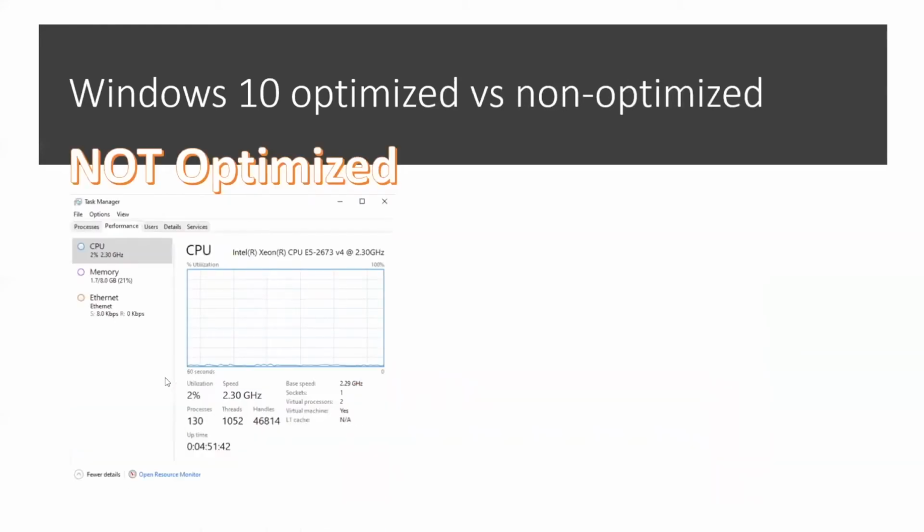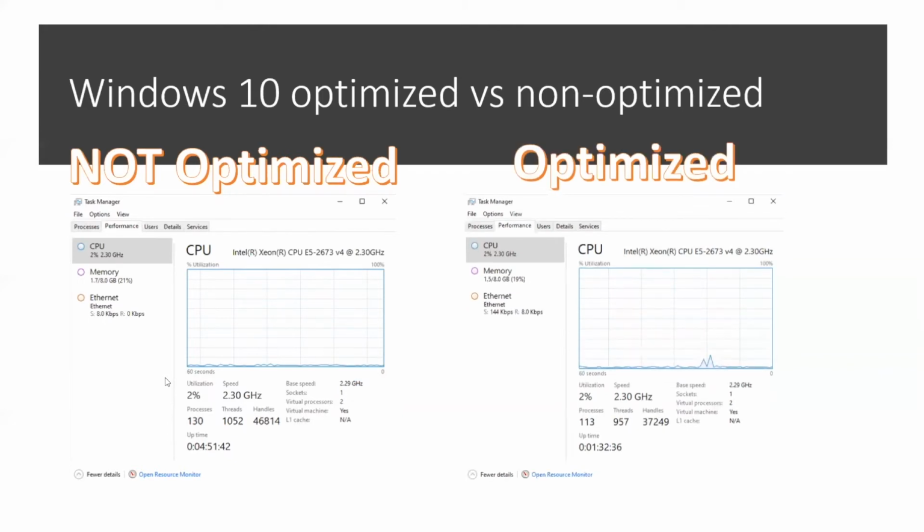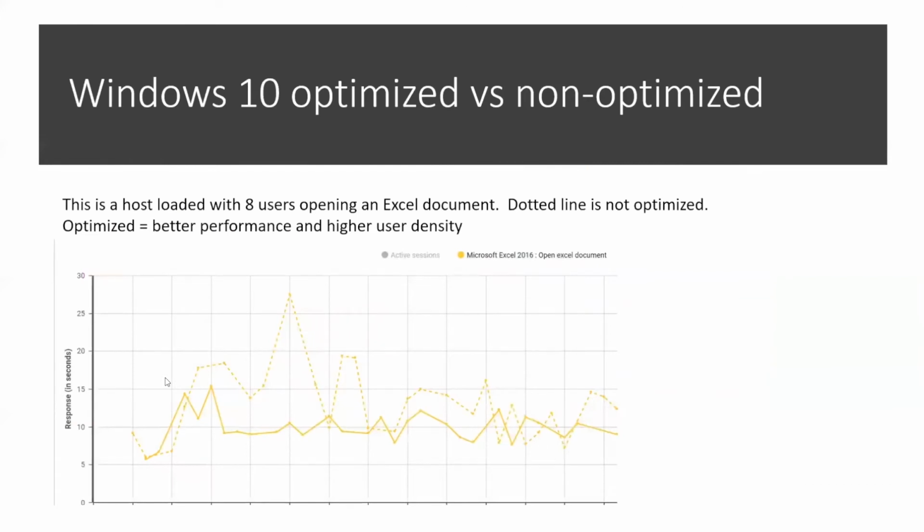Let's have a quick look at a non-optimized and an optimized Windows 10 session host. As you can see, with an optimized session, there are fewer processes and threads running, and that's right after the image has been optimized. So what does this mean for user experience? Obviously, the fewer processes and services running on an operating system, the better the experience is going to be.